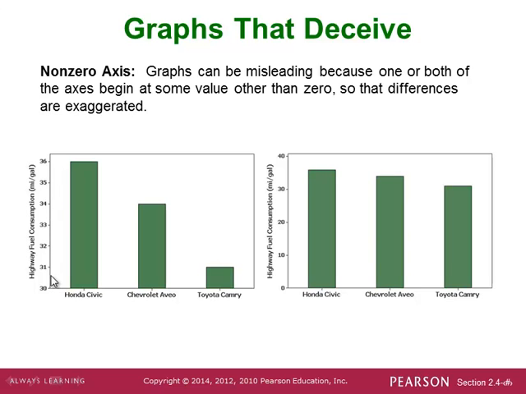Take a look on this vertical axis where it starts at 30, ends at 36. When you blow up the scaling like this, actually it's not blowing it up, but it's really zeroing in on the scaling, you really are going to exaggerate the differences in fuel economy for the three vehicles.